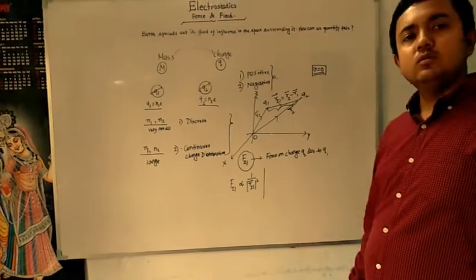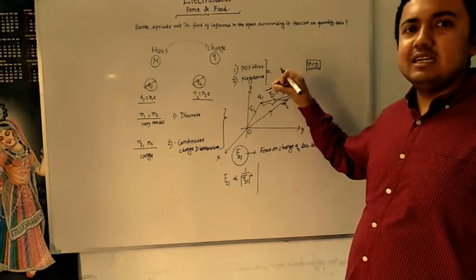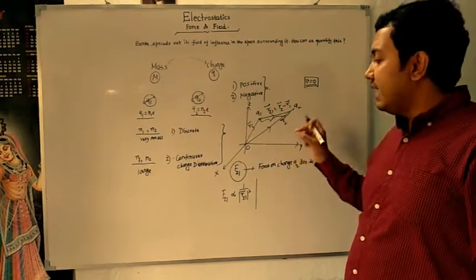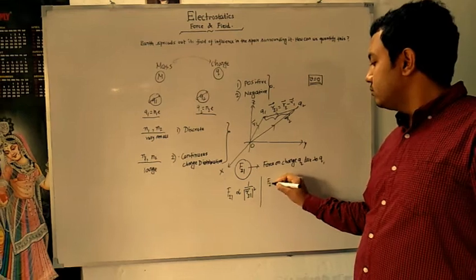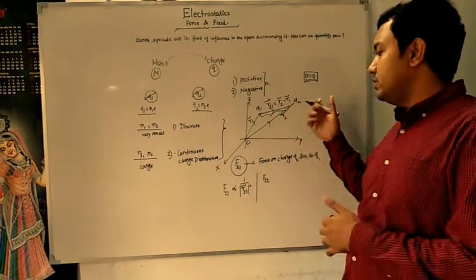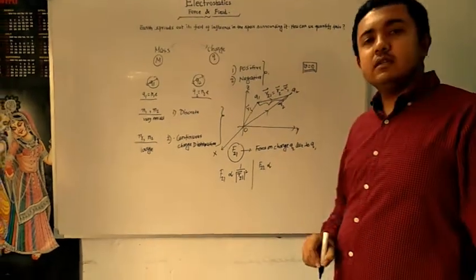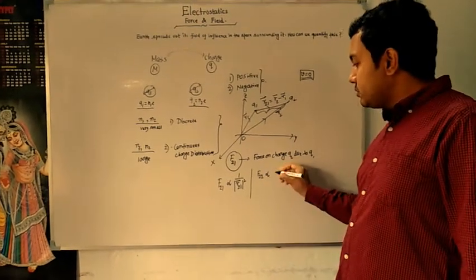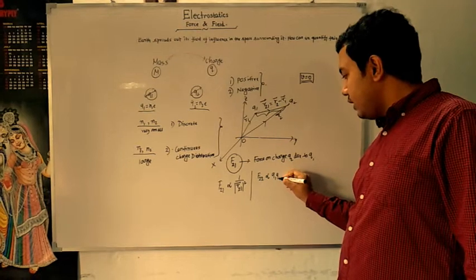And also, if the magnitude of charge increases, the force increases. Hence, the force is proportional to Q1 as well as proportional to Q2. Hence, we can write the force F21 directly proportional to the product of the two charges Q1 and Q2.